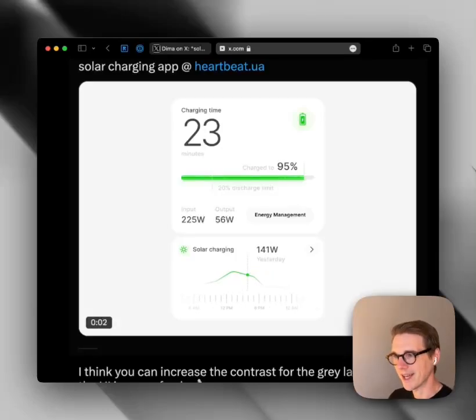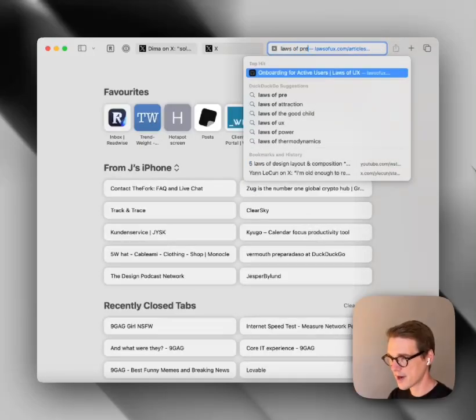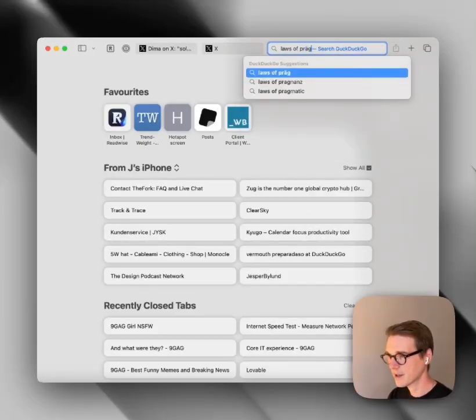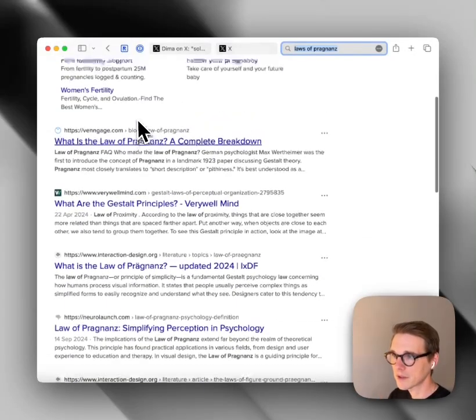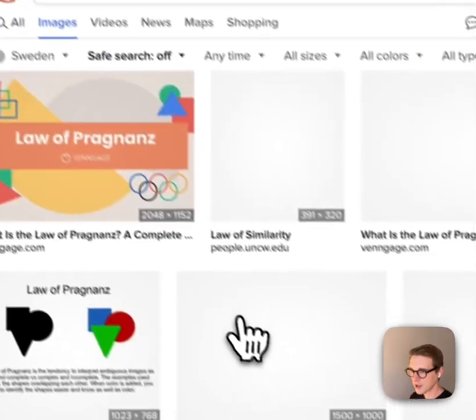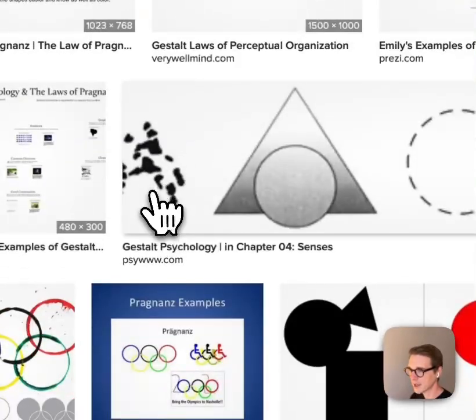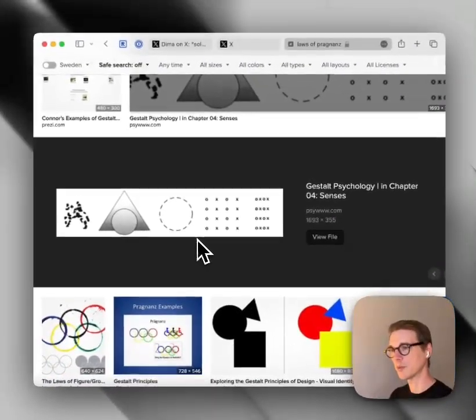It's not obvious enough. So this is called the laws of pregnance, I think. They are part of the Gestalt principles, which is a part of neuropsychology about how things relate together based on human perception.